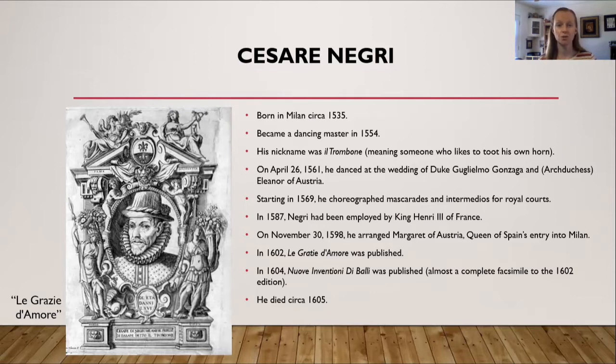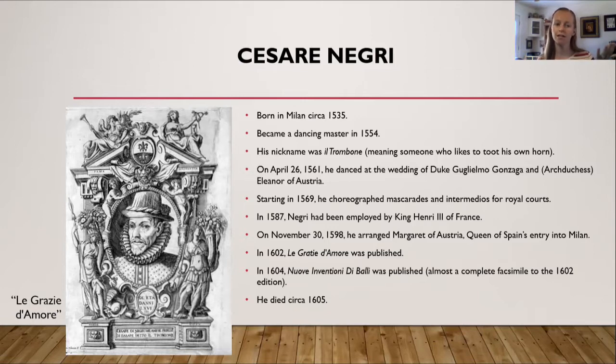In 1602 he published Le Gratie d'Amour, which was his treatise on dance. And then in 1604, he published another book, which was pretty much the exact same book that was published in 1602, just with a different name. And then he died about 1605.